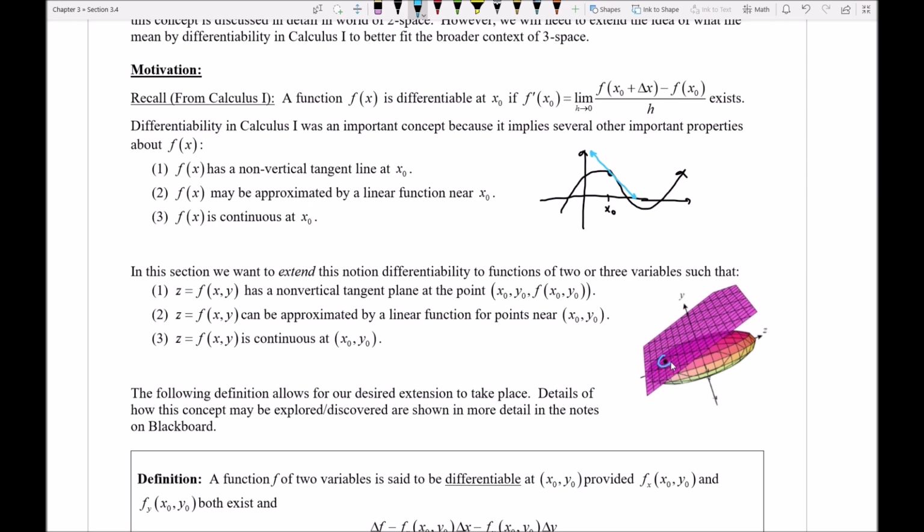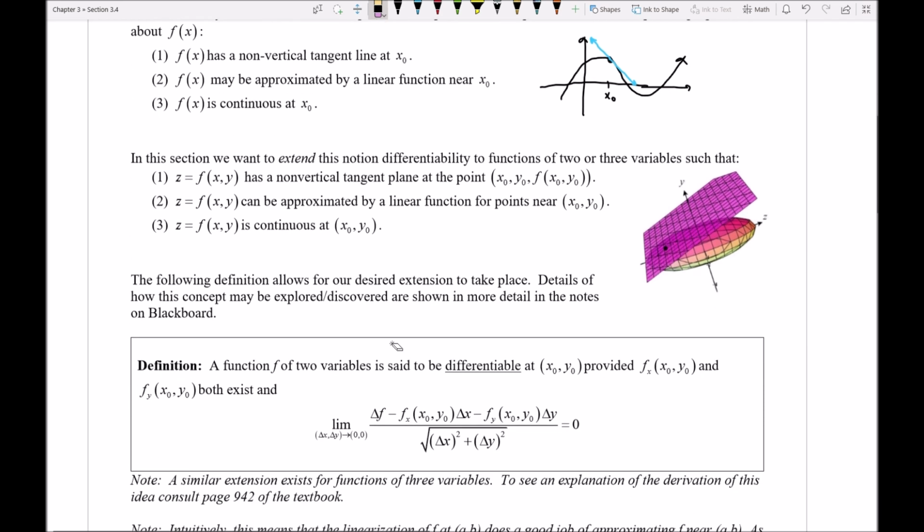Maybe in some small window around that point, it's pretty darn close to being identical to the surface. And finally, what we'd like to have be true for whatever definition we come up with for differentiability, we want it to be the case that if my function is differentiable at a point, it will be continuous at that point.